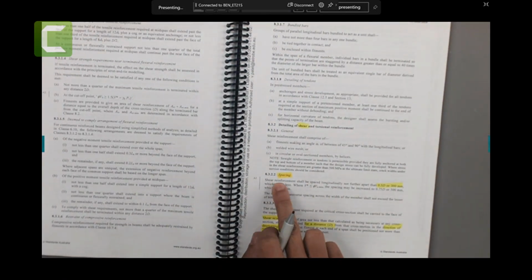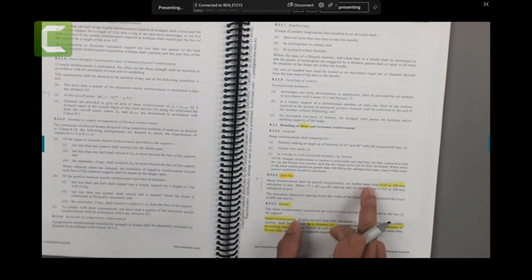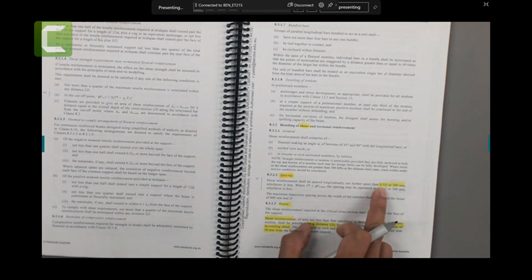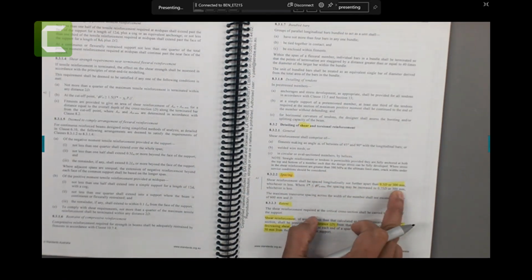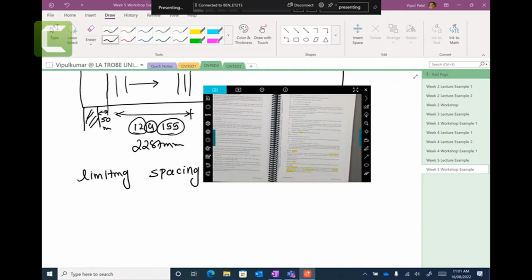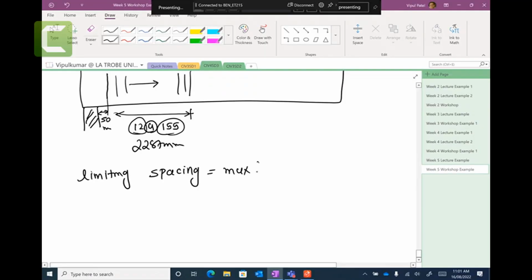I think shear reinforcement shall be placed longitudinally no further apart than a maximum of 0.5D or 300 millimeters. That's what they talk about. I think I made these checks as well somewhere. Let me check. Sorry, the minimum of these two.